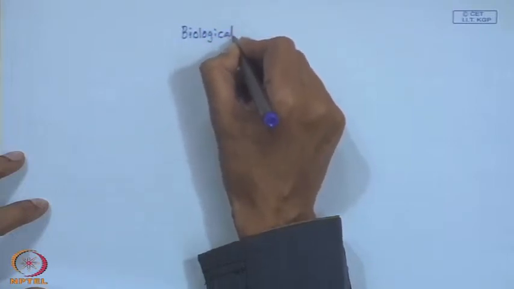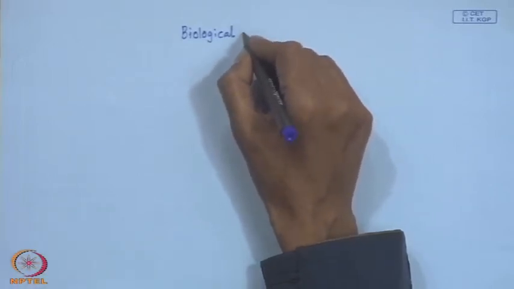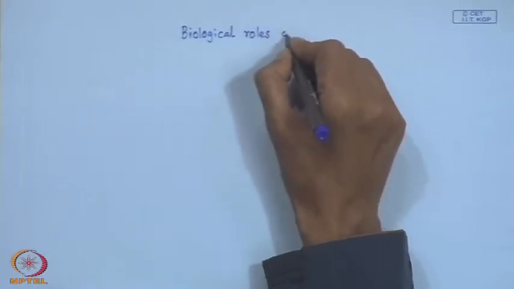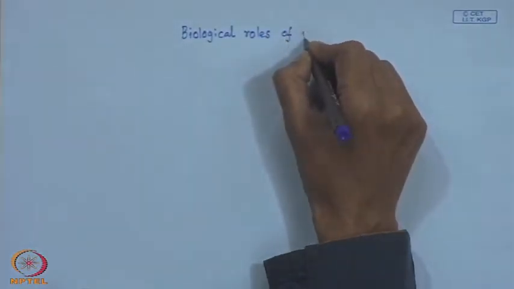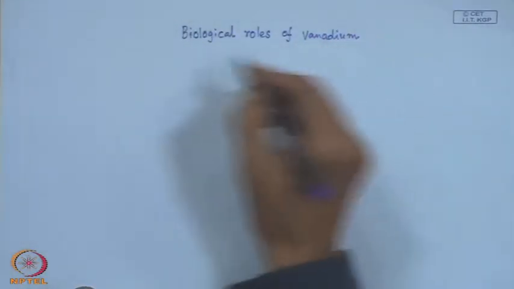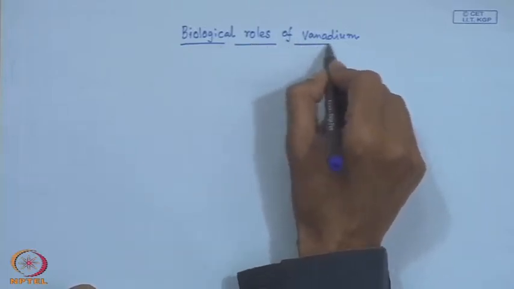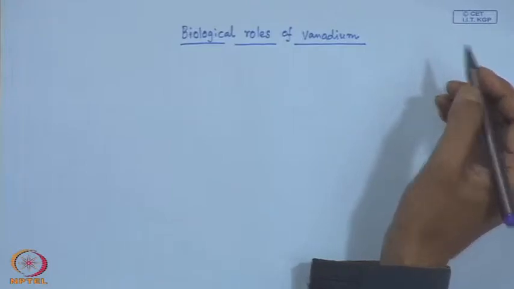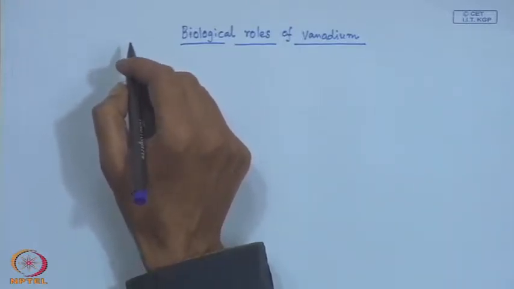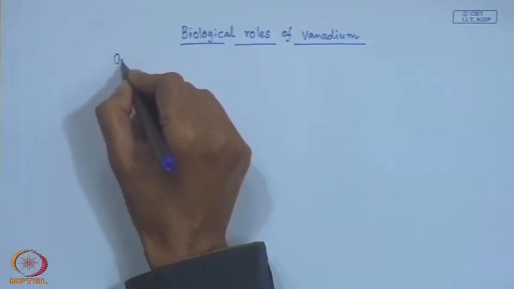So, we will try to find out some of the biological roles that vanadium can play in different organisms, because it is not very much available in human system, but it's certainly beneficial to some of these different organisms.